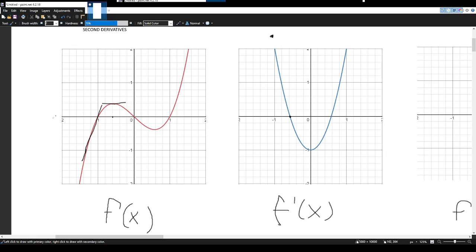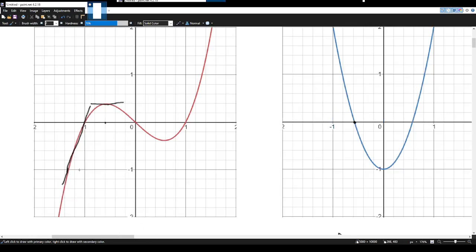So that tells us how the function is changing. But what if we want to know how the derivative of the function is changing? Basically the change in change, the double change, I guess. So for that, we would need a second derivative. So if we look, let's say from this point here to this point here, let's look at the slope. Slope is very positive, slightly less positive, slightly less positive, 0, slightly negative, more negative, more negative.